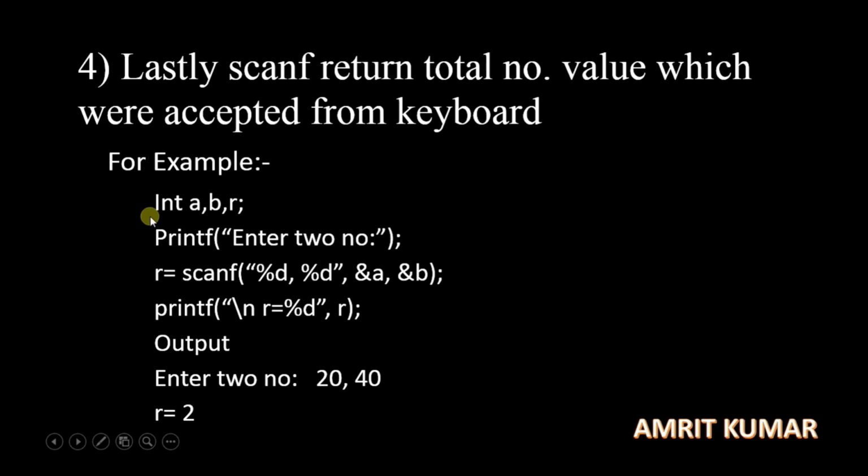Now here you are seeing an integer variable declaration. We are using the data type integer for the three variables a, b, and r, with the help of a comma as a separator. Now after that we have used the printf function, which helps us to display whatever is written on the screen, the content, the message, or any information.